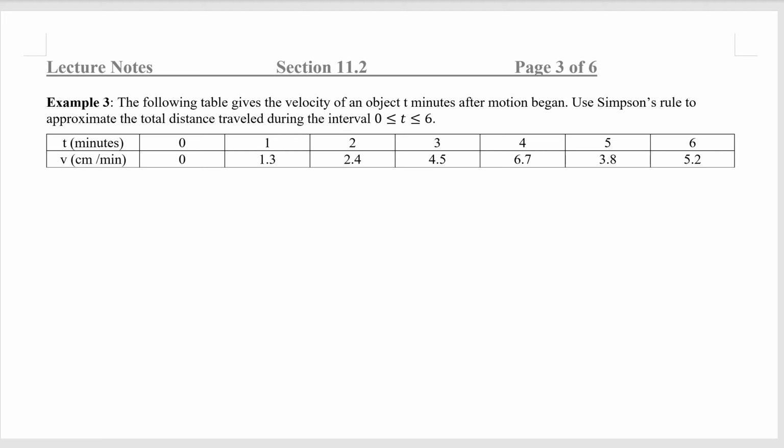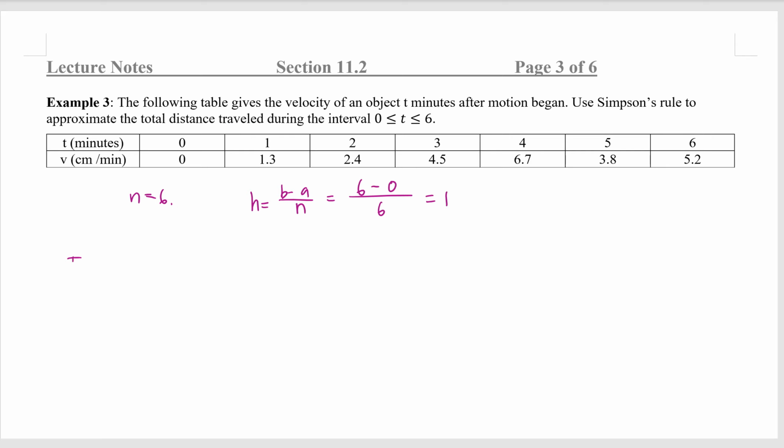Here we divide it into 6 subintervals, so n equals 6. What's h? h is b minus a over n, b is 6, a is 0, over 6. You can see the step size is 1.